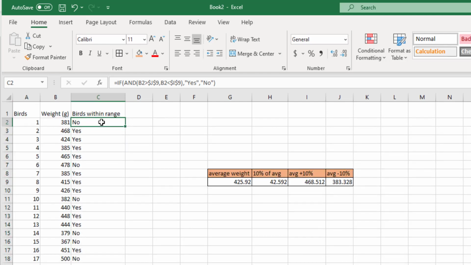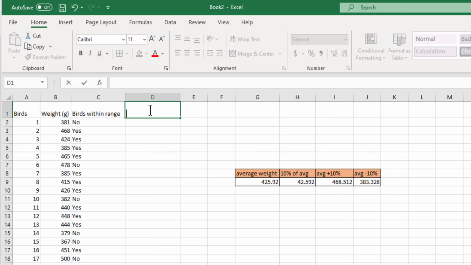So we have found out which birds are within the range and which birds are out of the range. All the birds that say no are out of the range, and all birds that say yes are within the range. You can do all of this manually also, guys, if you don't have Excel. However, it will take a bit longer.